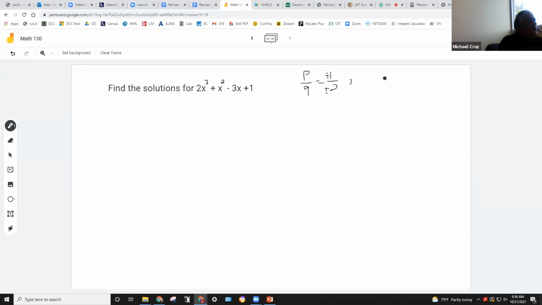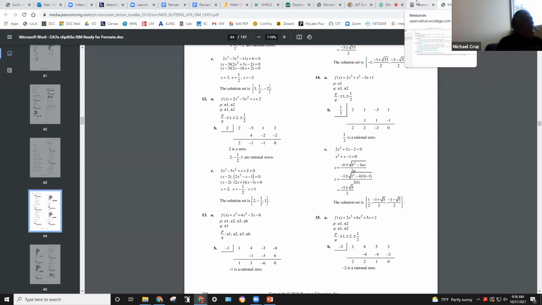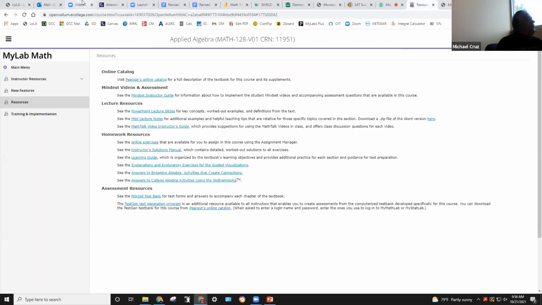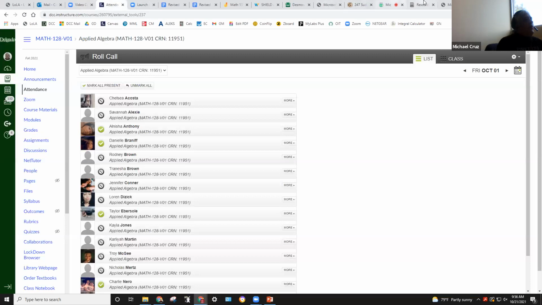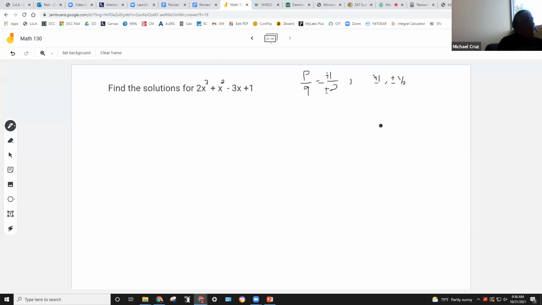So it's plus or minus 1, and then we got plus or minus 1.5, because the P over Q separately is 1 over 1.5. So that's what's giving us that.